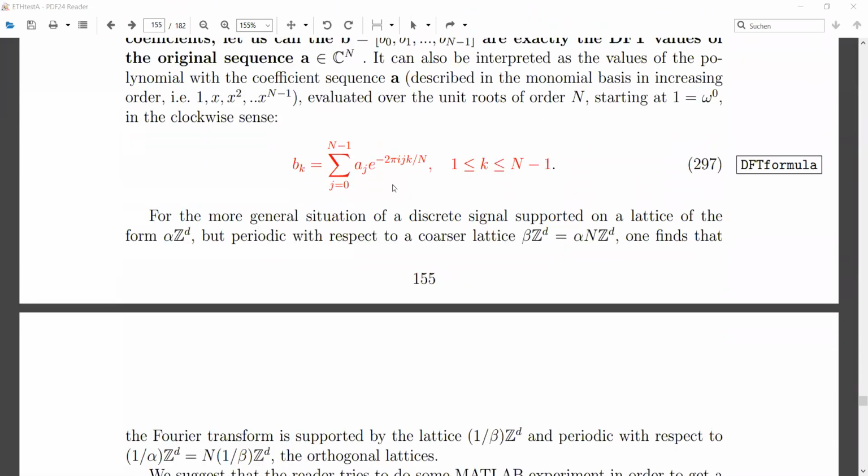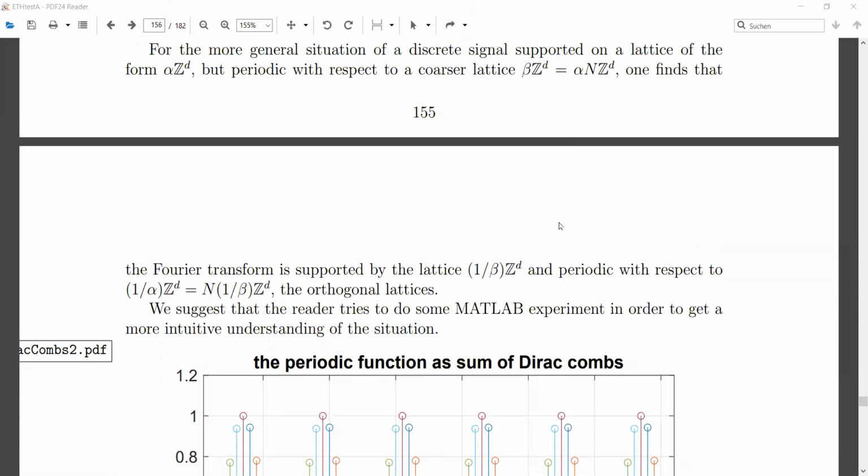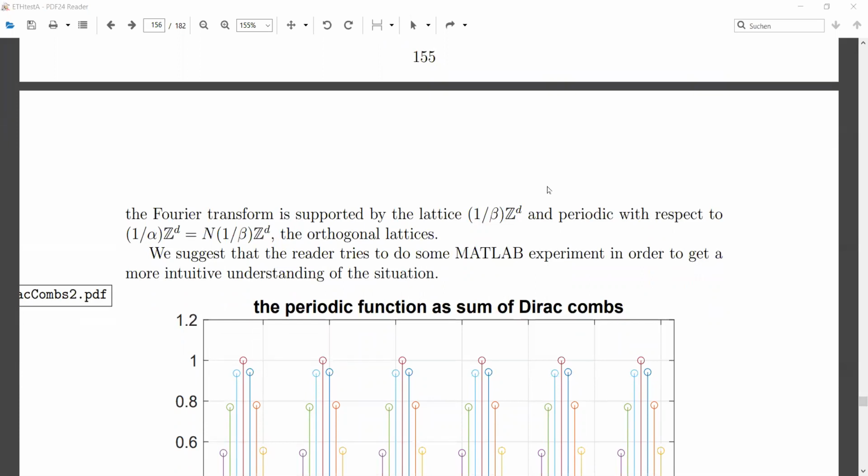Now, for the more general case of lattices, one is the coarse lattice of periodicity, with beta here. The big lattice is beta, and the fine lattice is alpha. One finds that the Fourier transform, in the distributional sense, is living on, again, a lattice.